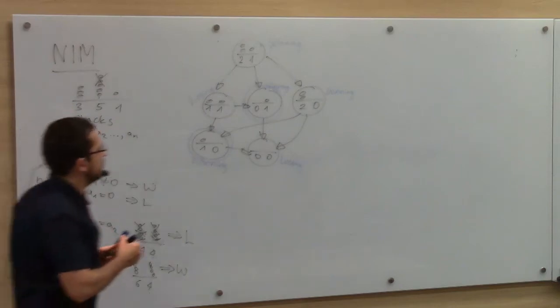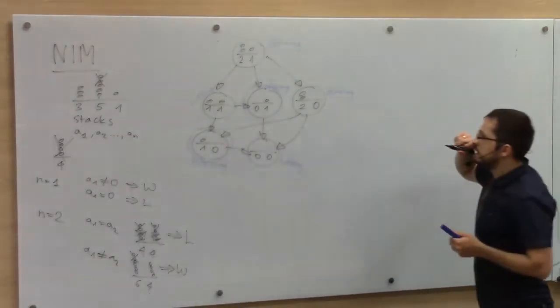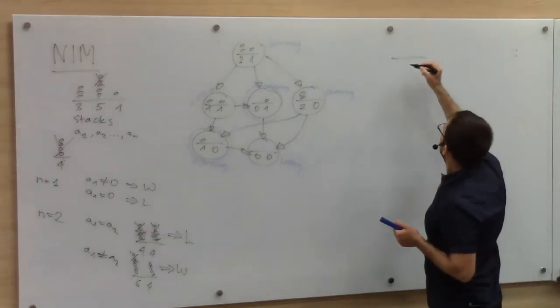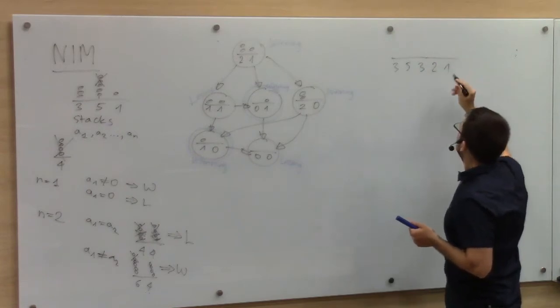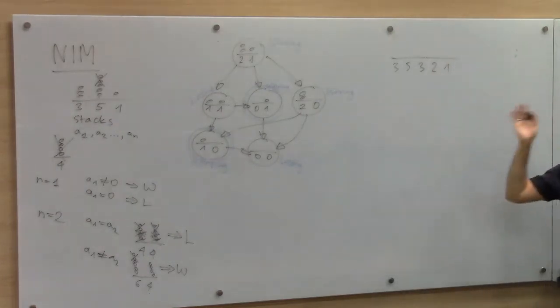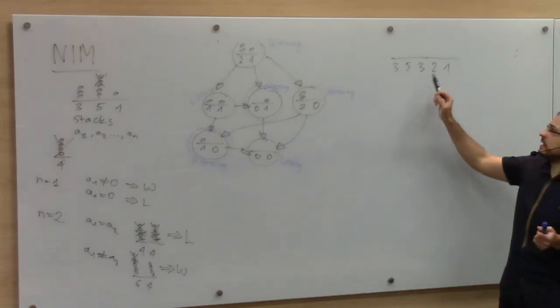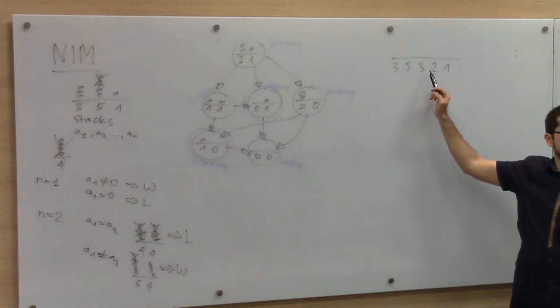Let's say that we have 3, 5, 3, 2, 1, and I won't be drawing more coins here, but you can see that you have 2 stacks which are of the same size.